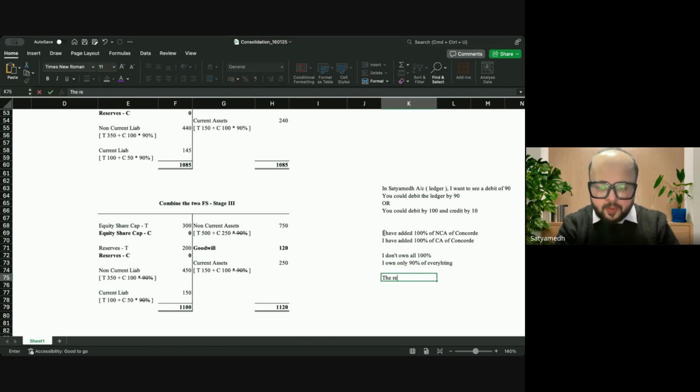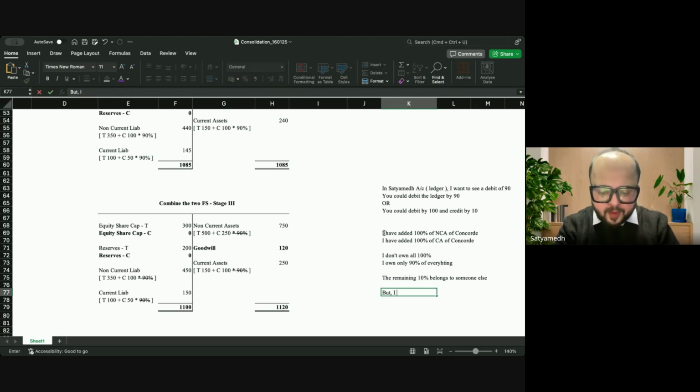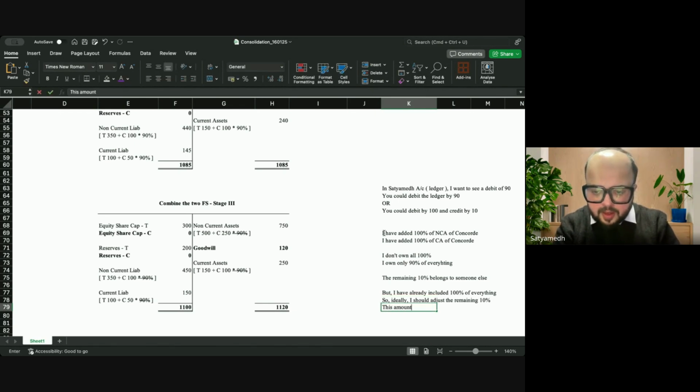Okay. The remaining 10% belongs to someone else. So if that amount does not belong to me, I have no business including that here. But I have already included 100% of everything. So ideally, I should adjust the remaining 10%.